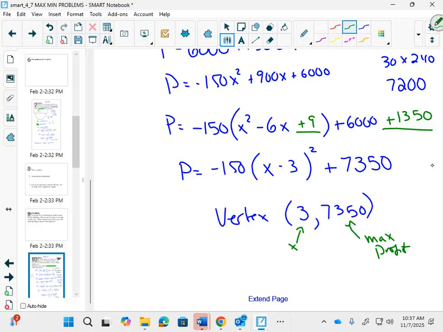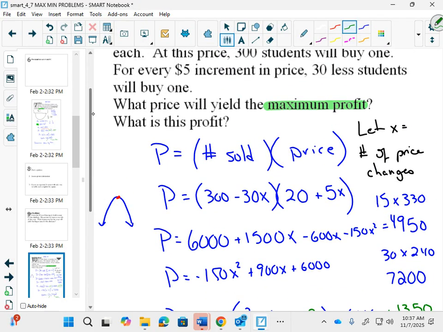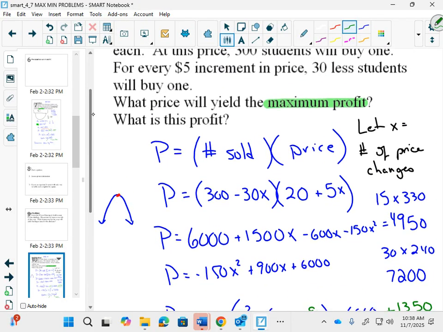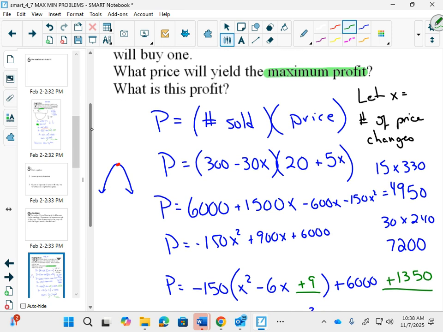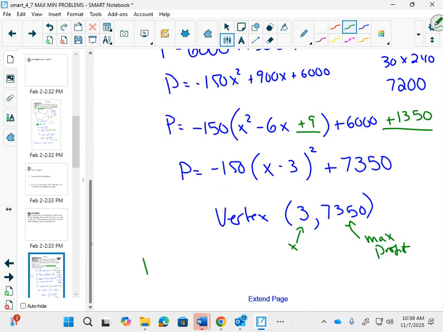Max profit. Careful. What price should they sell it at? 35, not 3. Sometimes I have students say, they get the vertex, they should sell it at $3. I'm like, no. What did x stand for? We made the x the number of price changes. There should be 3 price changes of $5. So the price should be 35.